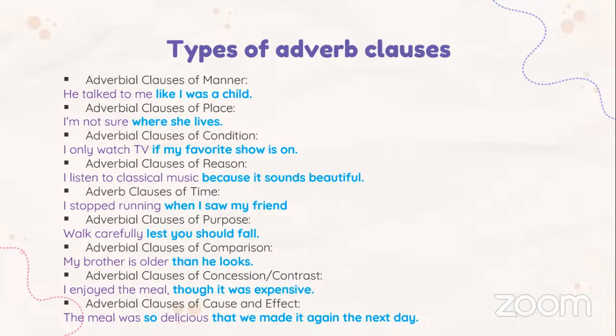For example, you can find the first sentence: He talked to me like I was a child. So you can see the whole sentence, and in this part you can find the manner of the sentence, okay? Like I was a child.